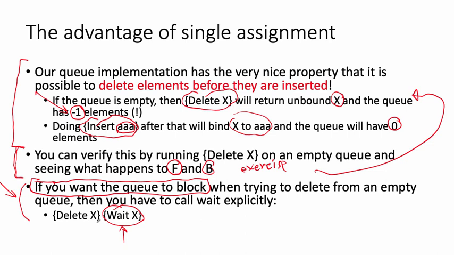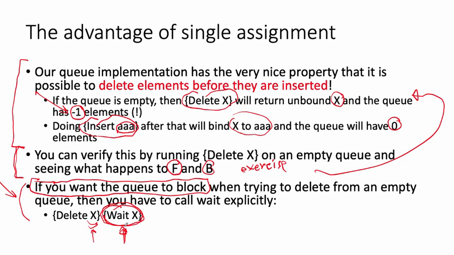So if x is unbound here, that means the element is not yet inserted. Then you will wait. So the wait x will wait until the operation is bound. Okay. This property of deleting before inserting is not essential to the course on concurrent systems.